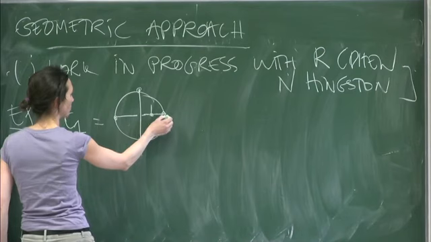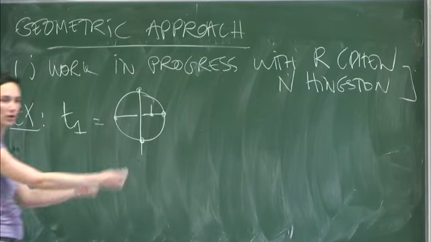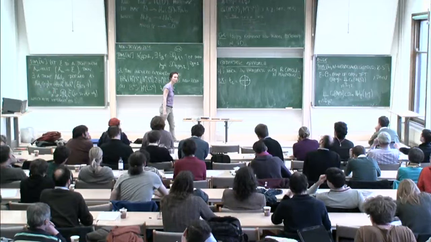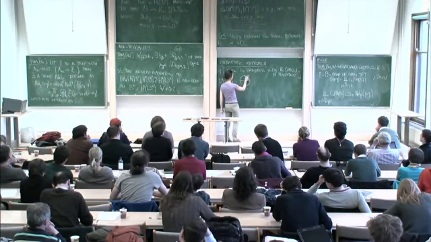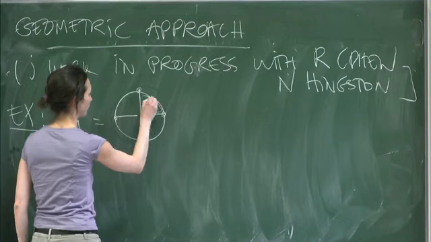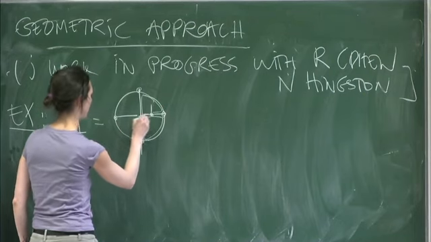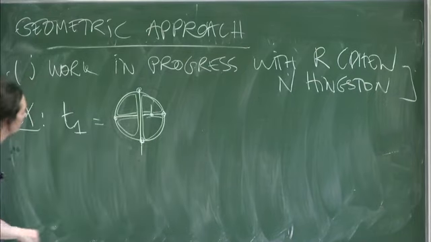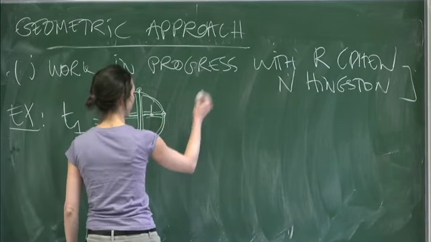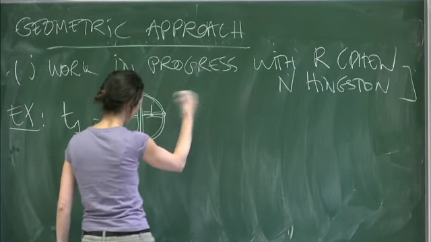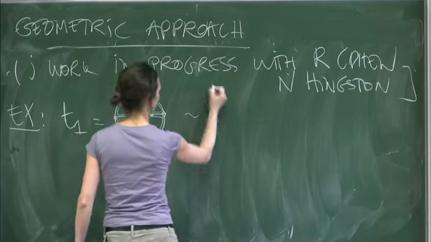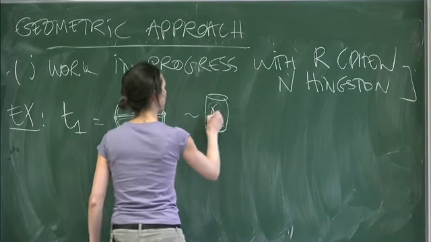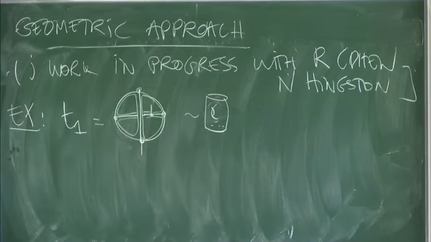boundary component. Now we'll do the operations the other way around. This will be our incoming circle here, and then there's another boundary component which goes around here. And if you compute the Euler characteristic, you'll find out that as a surface, this is a torus with two boundary components.